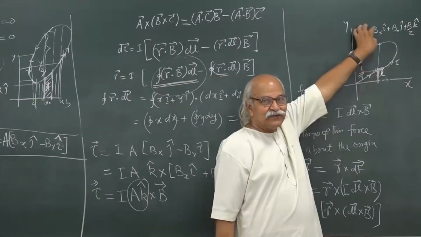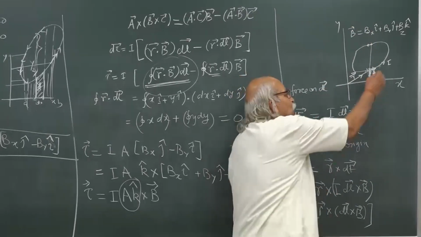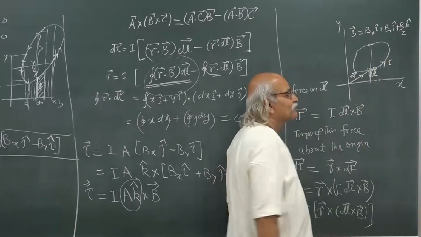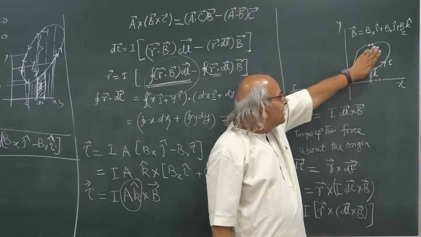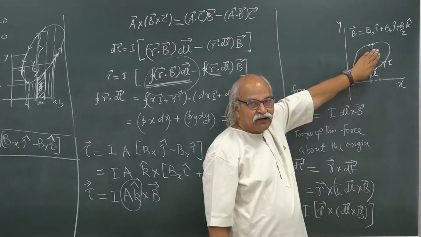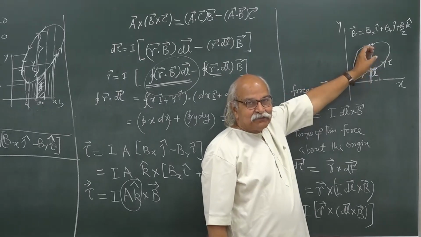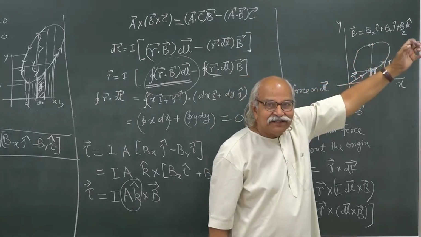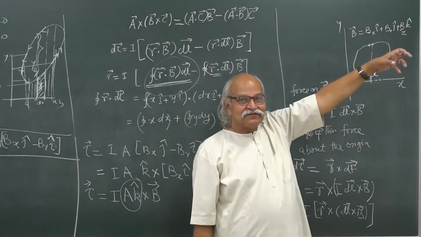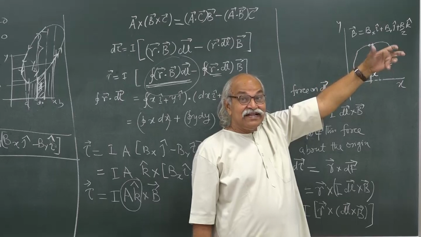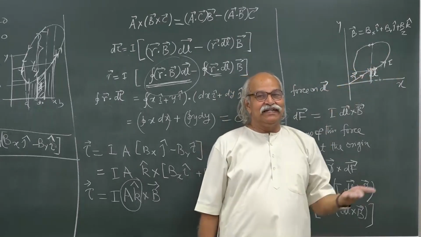And this A k cap, remember this loop is in the xy plane, and there is an arrow, this arrow. If I take the magnitude of the area from here and then put a unit vector in the perpendicular direction, you know this is called the area vector, right? Area vector corresponding to any given area.